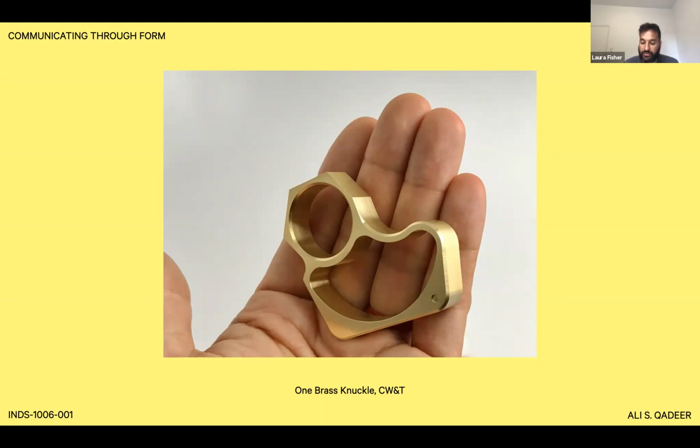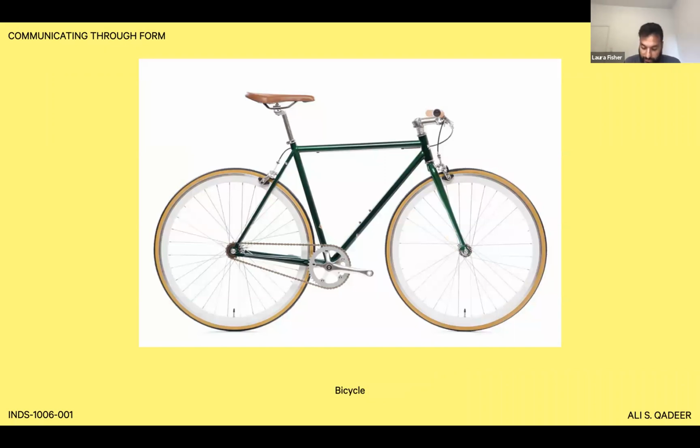We've made artifacts out of wood and metal and plastic and all sorts of other materials with an eye towards producing multiples, that is, producing more than a singular one, and with an eye towards mass reproduction. It could even be my personal favorite design of all designed artifacts, the bicycle.